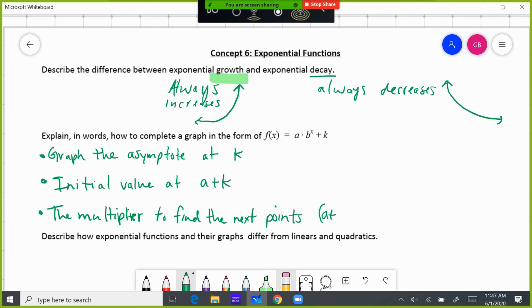So a plus k times b. And I'll show you what that means when we graph them.